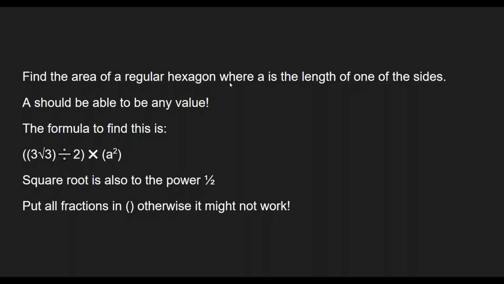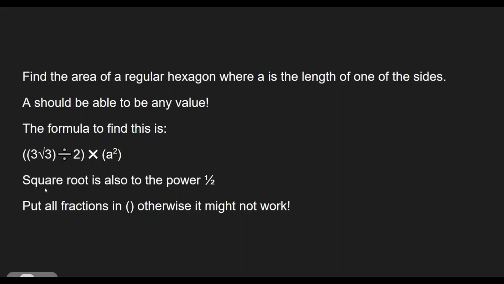The formula to find the area of a regular hexagon is 3 times the square root of 3, in parentheses, divided by 2, and then this whole thing times A to the power of 2. An easy way to do this would be to first do the first half, then the second half, and then multiply them together.